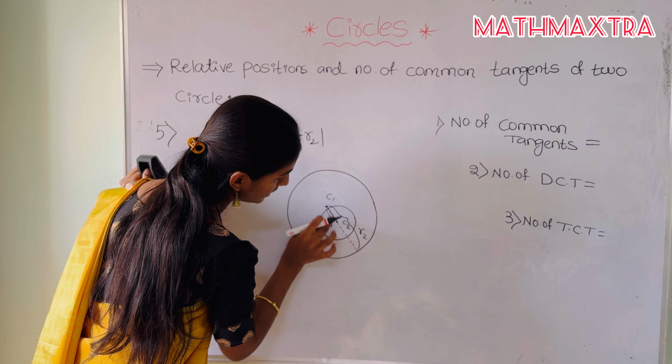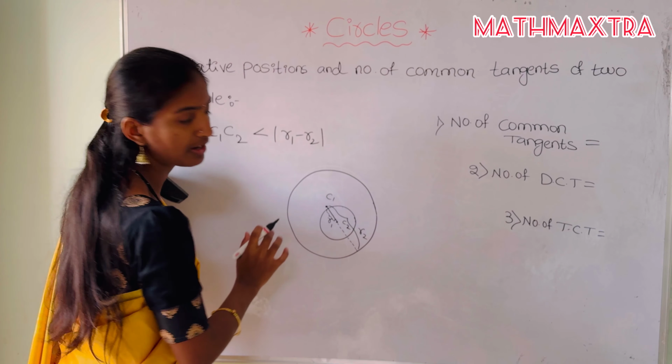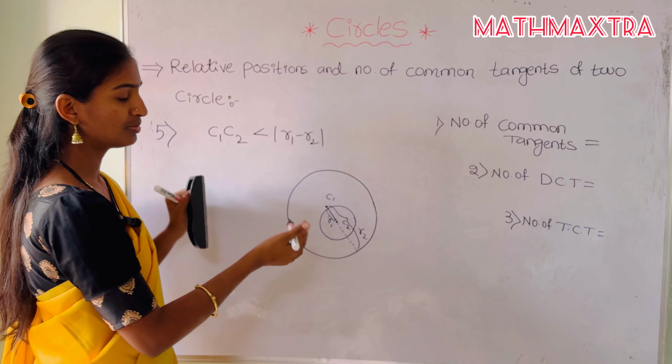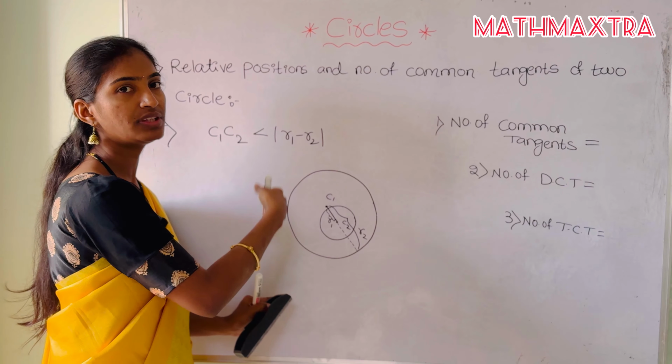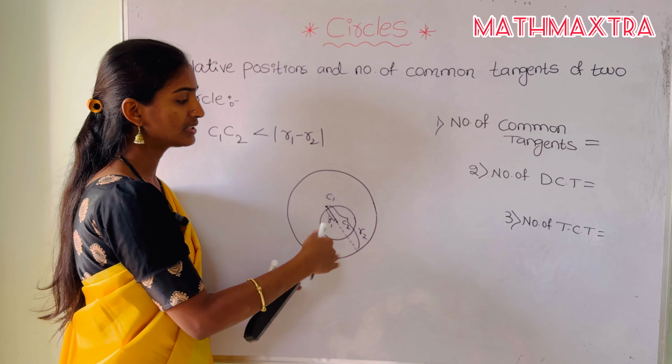Now see, the distance between the centers is less than the difference of R1 and R2. So the circles look like this, meaning one circle lies completely in the interior of the other circle.